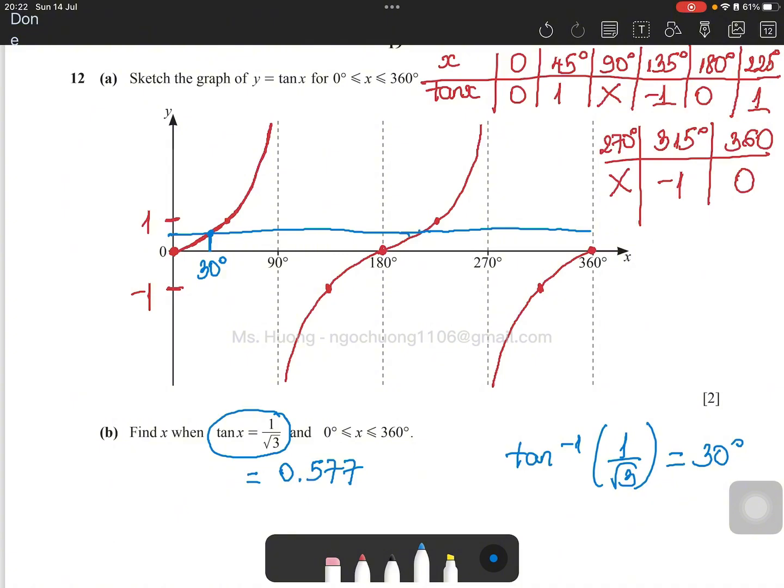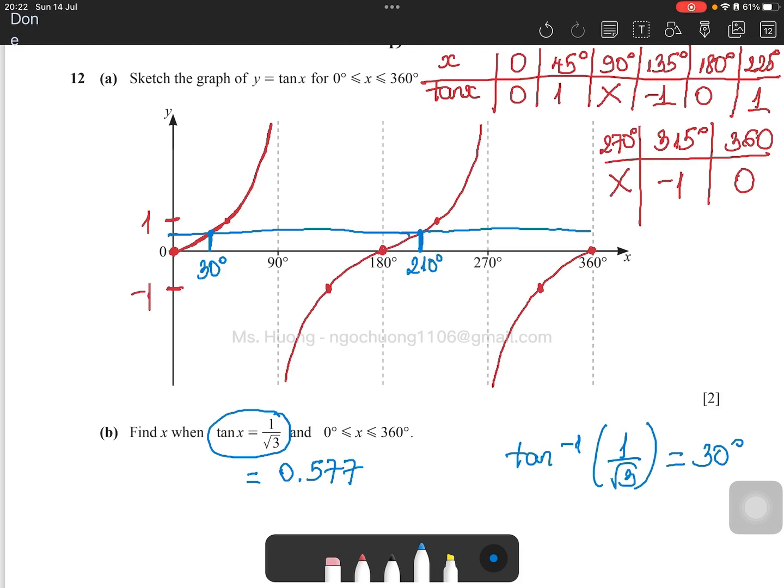And to find the second point, you will see that the distance from 0 to the first point is the same as the distance from 180 to the second point. So from 180, we also add 30 degrees. 180 plus 30 is 210 degrees, right?